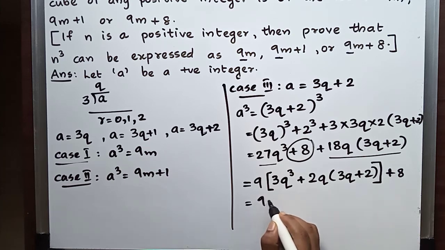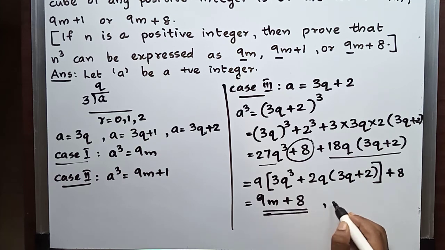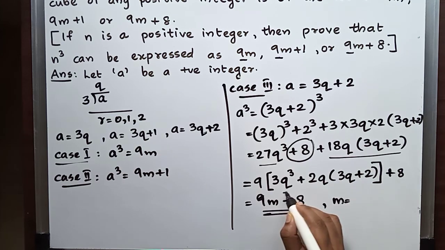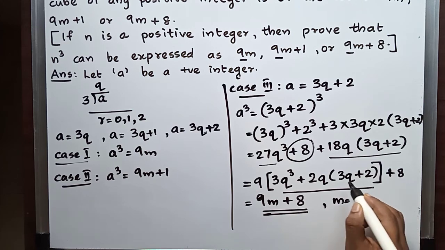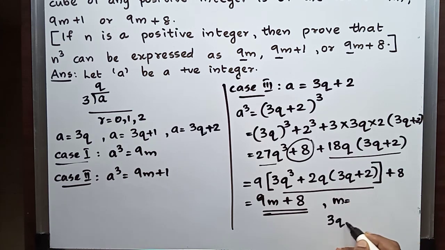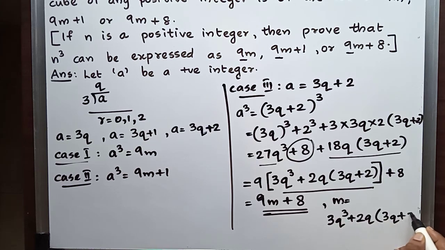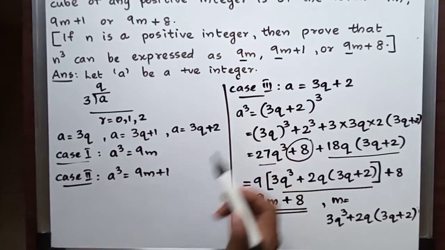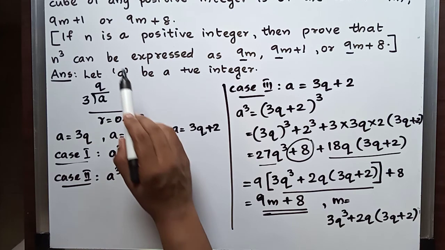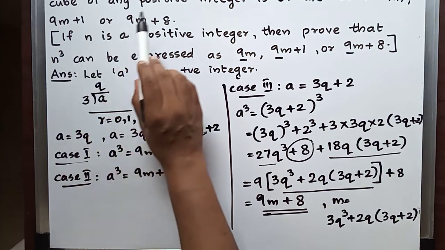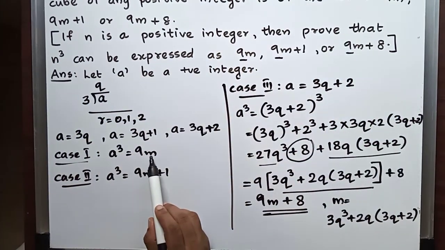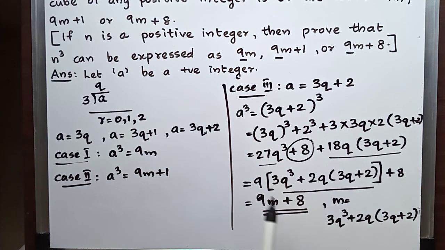So this is 9m plus 8, where m is 3q cube plus 2q into 3q plus 2. Anyway, from these three cases, what we can conclude is that the cube of any positive integer is of the form 9m, 9m plus 1 or 9m plus 8.